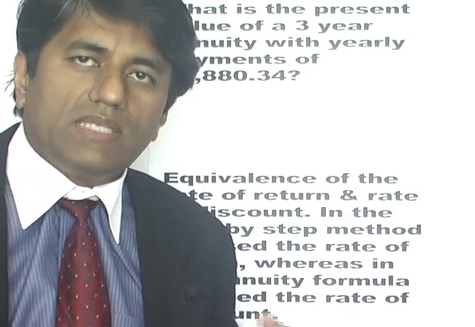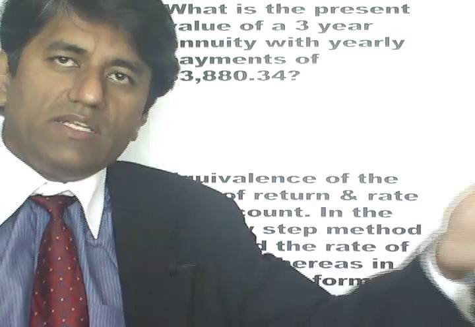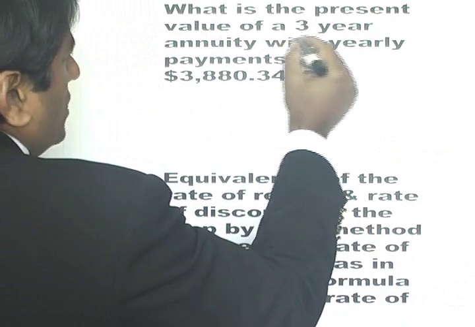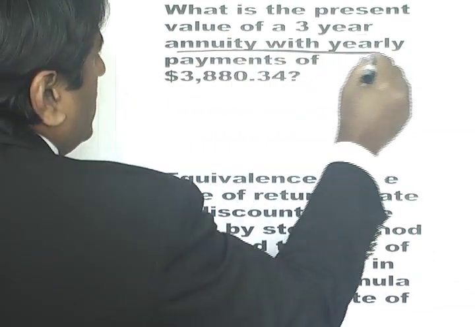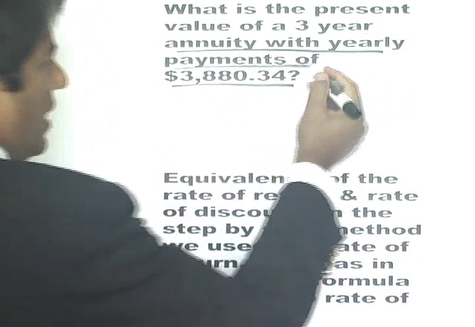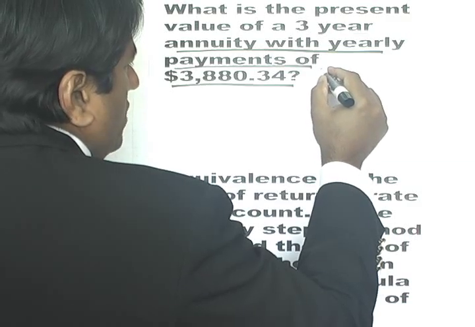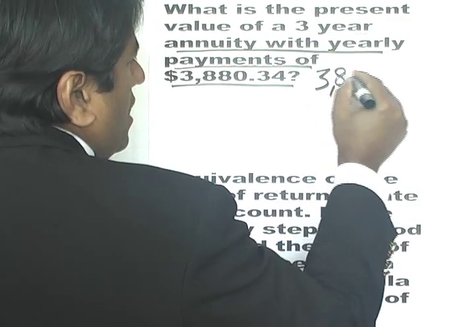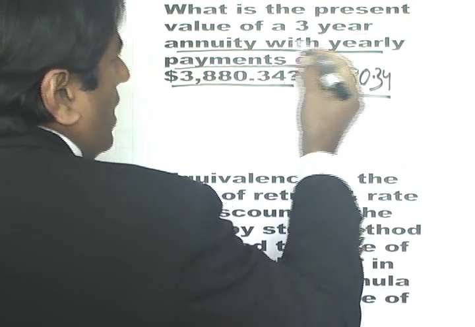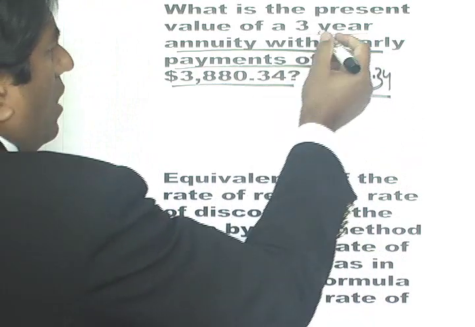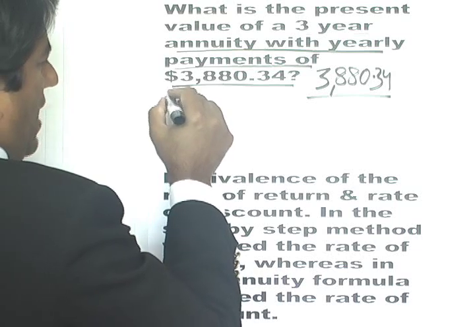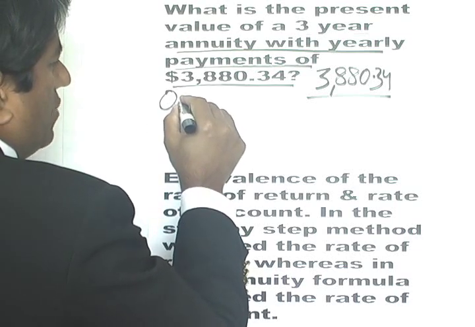Here what we're going to do is, we're going to use the annuity formula, which actually discounts back payments. And if you are asked, what is the value of a 3-year annuity with yearly payments of 3,880 and 34 cents, well, you'd use the annuity formula to answer that question. So you would say 3,880 and 34 cents divided by, we keep the same rate, which is going to be 8% or 0.08.